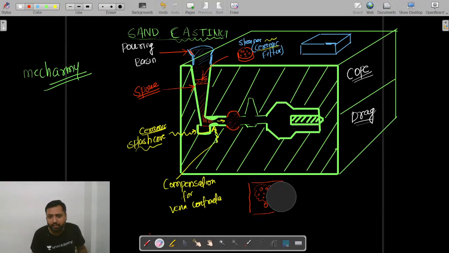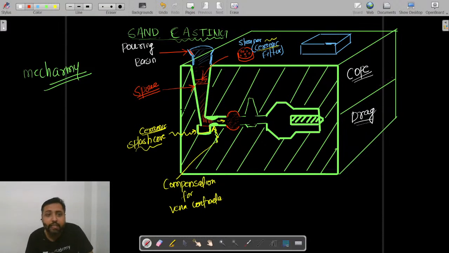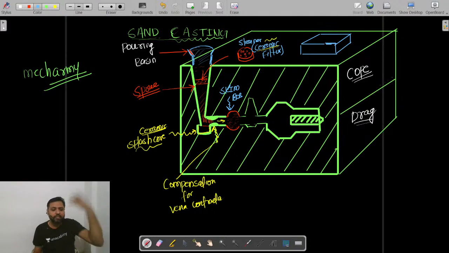This second stage of filtering occurs in this spherical cavity, which, my dear students, we name a skim bob, S-K-I-M B-O-B. What is this skim bob? This is a spherical cavity that we cut into this horizontal channel.